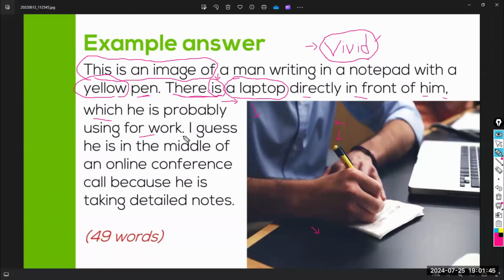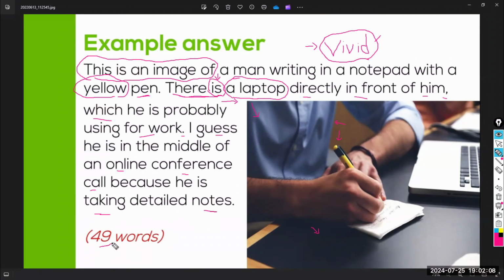Full stop. I want to start describing something new. I guess, this is the guess or prediction, he is in the middle of an online conference meeting. The meaning of conference is meeting call, because he is taking detailed notes.